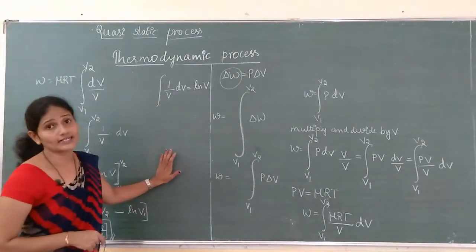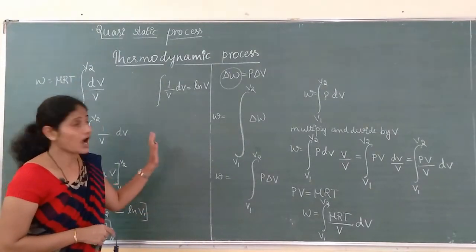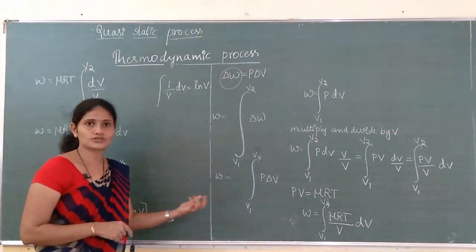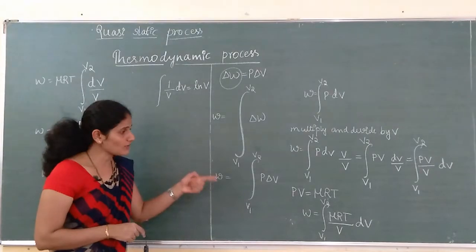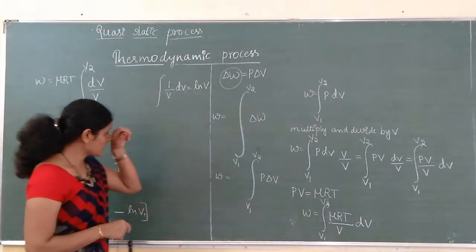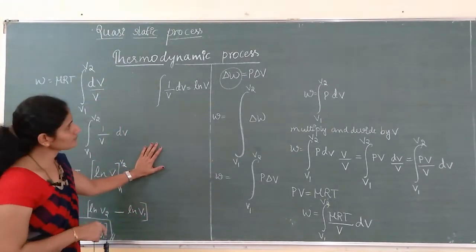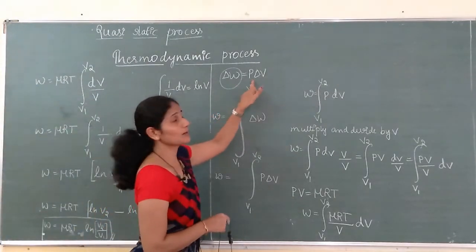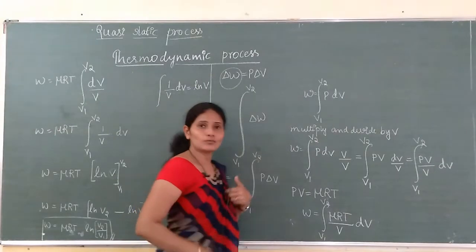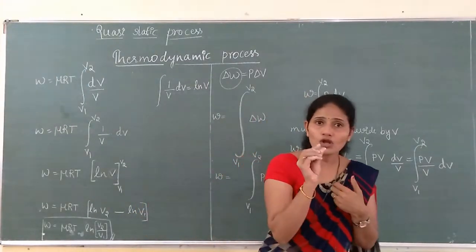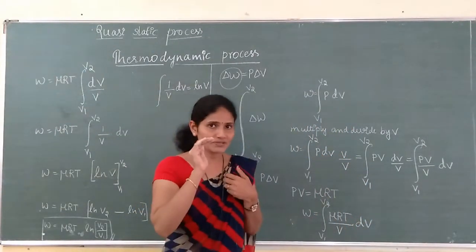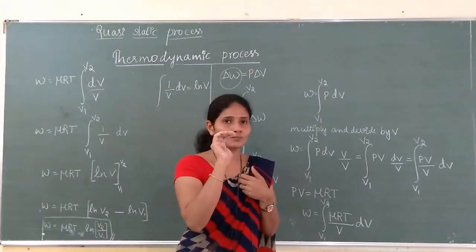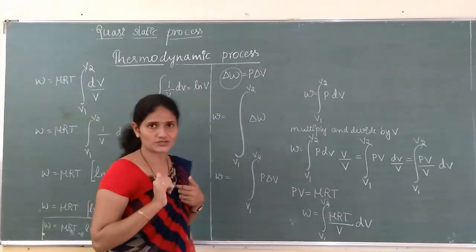Now, we have to calculate how much work is done or how much heat energy is absorbed by the system, 10 joules, 20 joules, or it may be 100 joules. We have to calculate that. For that, delta Q is equal to delta W. Delta W is nothing but P delta V. Delta W is the small work done in moving the piston from its initial volume to a small volume V dash.